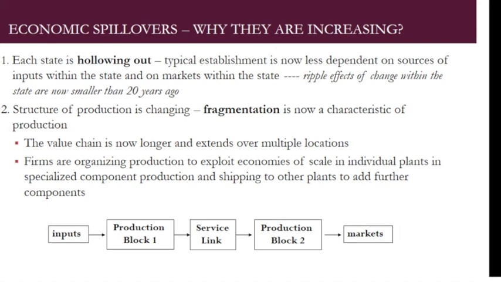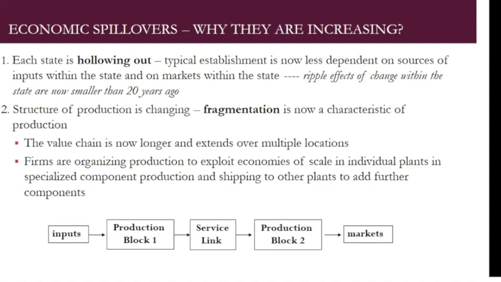And secondly, firms are reorganizing in a fragmented environment where they're specializing in production sequences and often locating those in different geographic locations. The result is that interregional and international trade is growing much more rapidly than gross profit. Both of those contribute to significant spatial spillover effects.